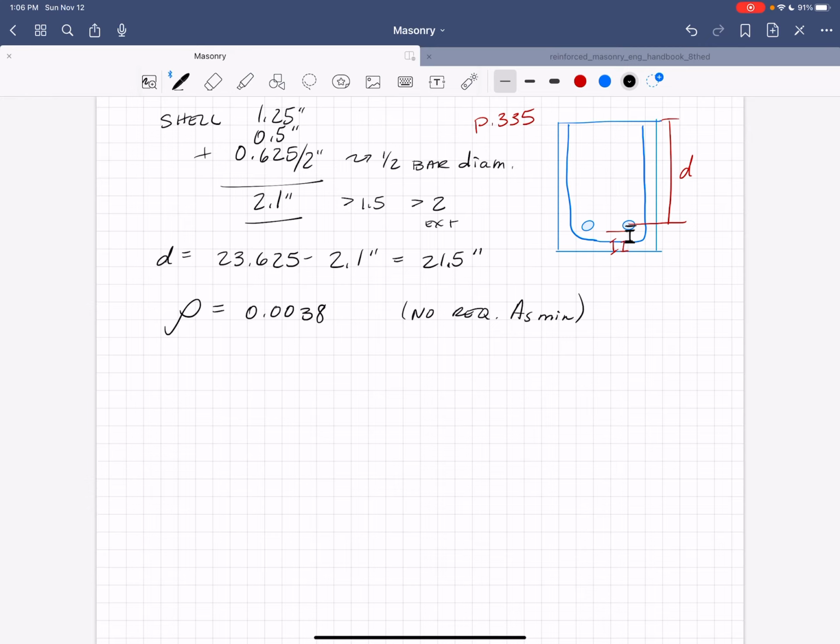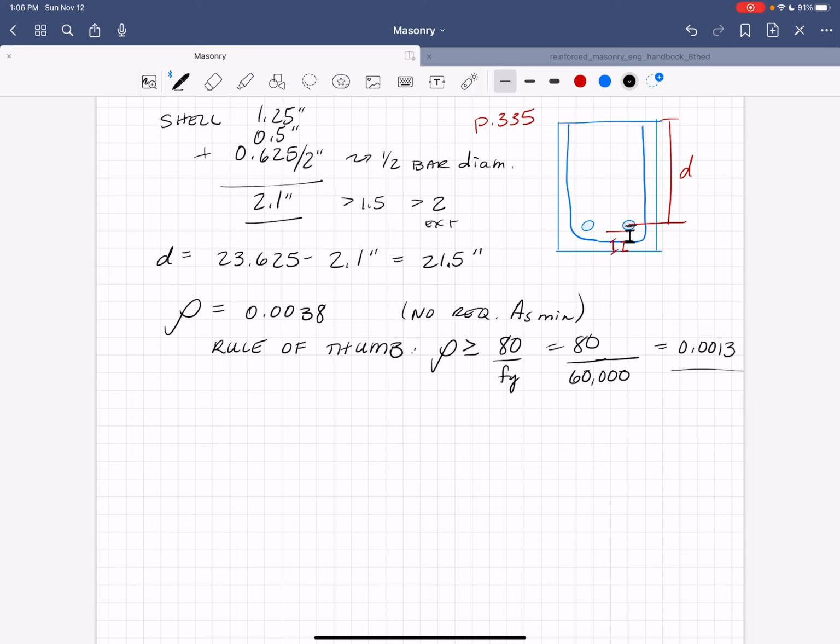The rule of thumb for grade 60 steel is to have rho greater than or equal to 80 over Fy, so that's going to be 80 over 60,000 in our case, and I don't require that you check this. 0.0013. Okay, so rho a little bit bigger is bigger than this. That's no problem.